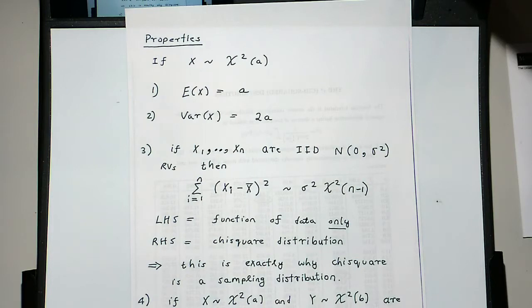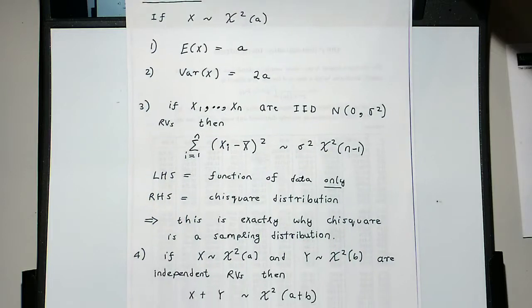The left-hand side only involves the data, whereas the right-hand side involves the chi-squared variable, and hence the chi-squared distribution is a sampling distribution because it arises as the distribution of a function of data only, right?